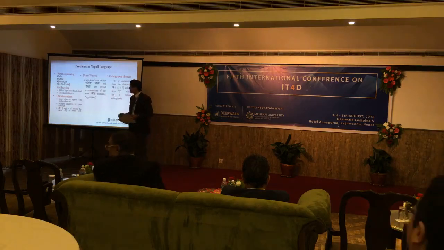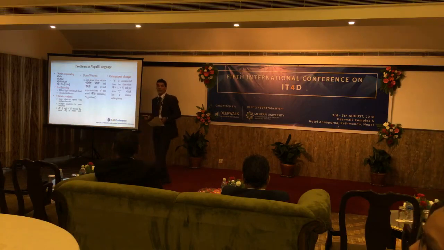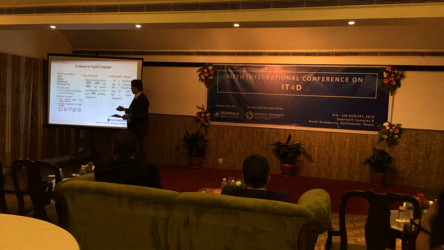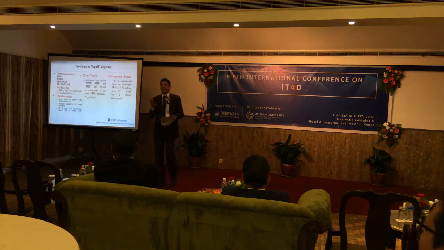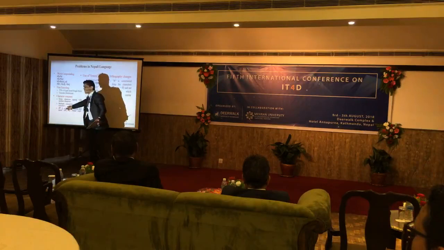And the second thing is the font encoding system. We use TTF, that is a single byte font encoding system, and Unicode, that is a multi-byte encoding system. So that is another source of problem for spelling checking. And the character conjunct: we combine the characters. While combining the characters, actually, this is Sirabindu and Chandrabindu.